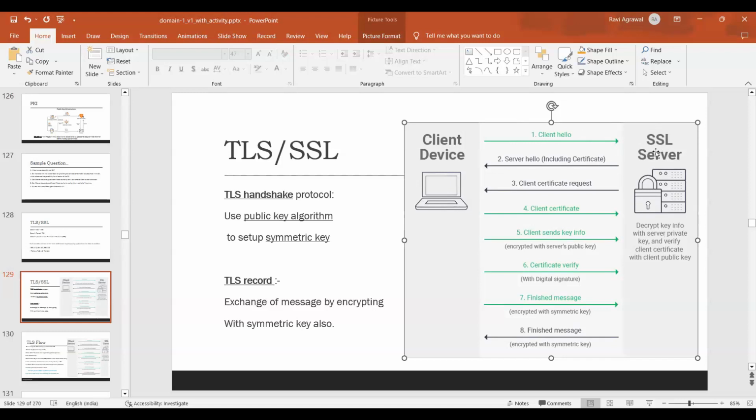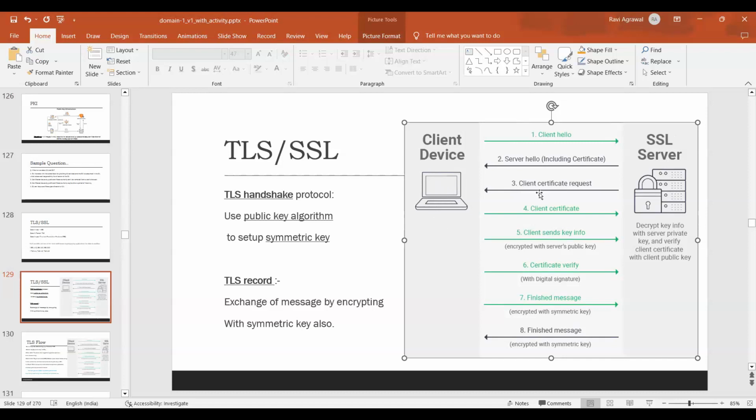You understand? Because it wants to send a public key to the client, and it can also request a client digital certificate, but that's not a mandatory step. Step 3 is not a mandatory step. The reason is that the client may not have its own digital certificate. Correct? The client may not be using a public key private key pair.